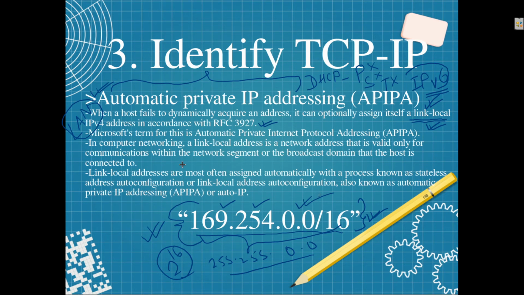Okay, now this APIPA terminology was given by Microsoft, but APIPA is not used so frequently in network computing. So we say automatic IP, that's the short form APIPA. Now we consider it as link local addressing.